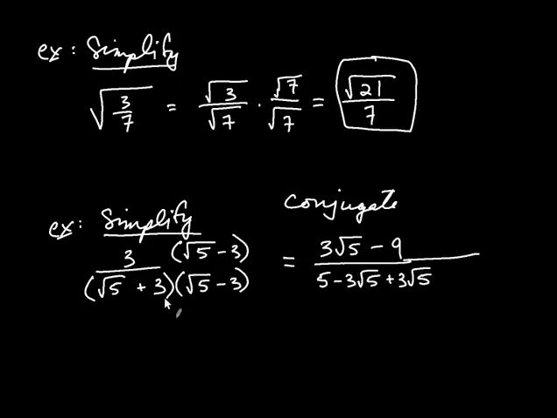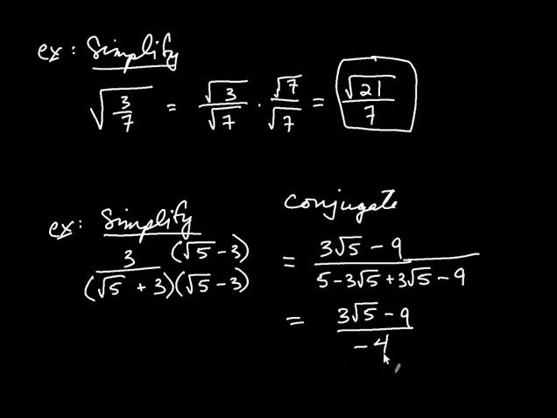Okay, and then let's see, positive 3 times negative 3 is negative 9. And look what happened. The numerator is still 3 square root of 5 minus 9, but the denominator, negative 3 root 5 and positive 3 root 5, those cancel because it's addition. And you're left with just 5 minus 9, which is negative 4.